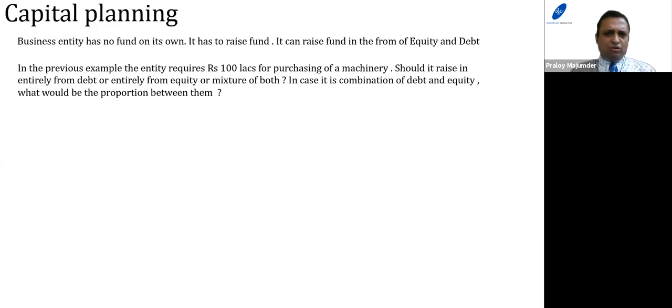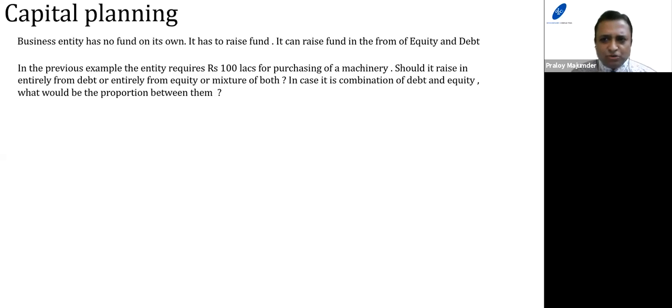Since it has no fund on its own, it has to take the fund from outside. So whether it should raise it in the form of debt, in the form of equity, or a combination of both, this decision is called the capital planning decision.